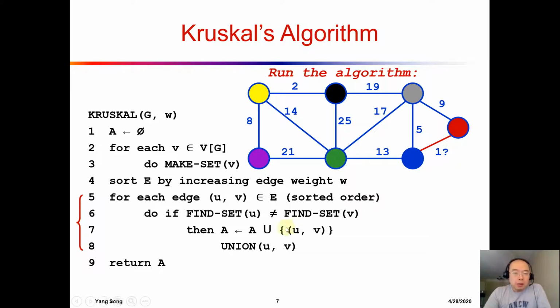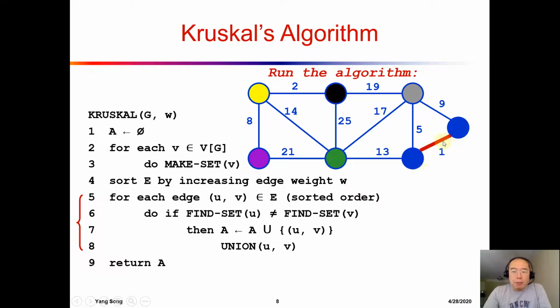And then what do I need to do? I need to check whether U and V, which are the two nodes here, connect, and whether those two nodes belong to the same set. And of course, they do not belong to the same set. We have a blue set and a red set, right? So in this case, since they do not belong to the same set, I'm going to add the edge UV to A. And the next one, I'm going to union U and V. So now I'm going to union those two nodes together into one set.